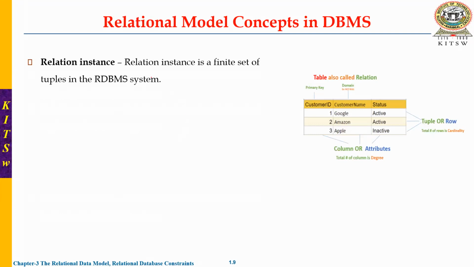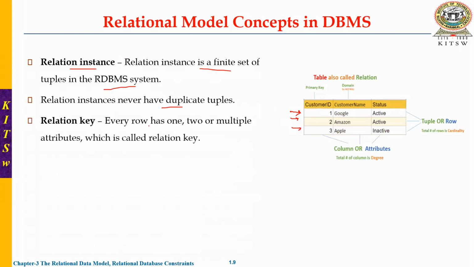Another relational model concept in DBMS is the relation instance. A relation instance is a finite set of tuples in the RDBMS system, and relation instances never have duplicate tuples. These values are never duplicated.